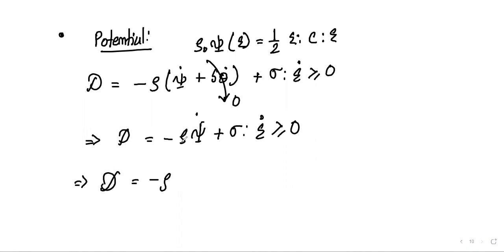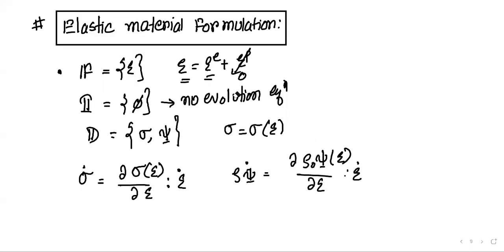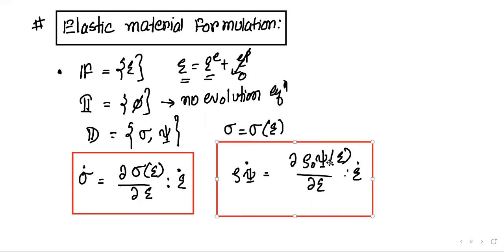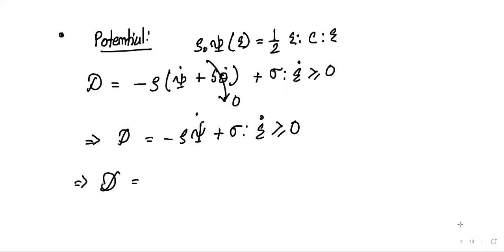Well, we have derived a form. We can see that we have an expression for rho psi dot. These are the two expressions that we can plug in. That is, the derivative of rho psi with respect to epsilon times epsilon dot.